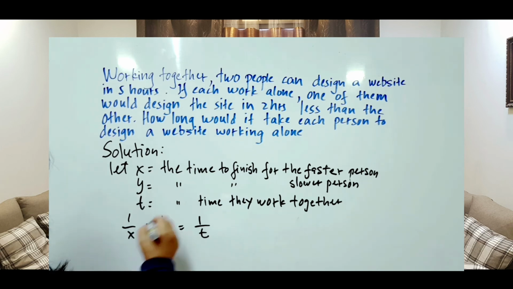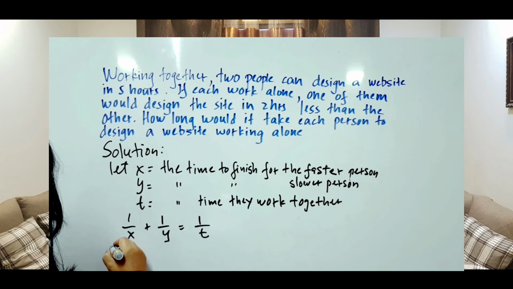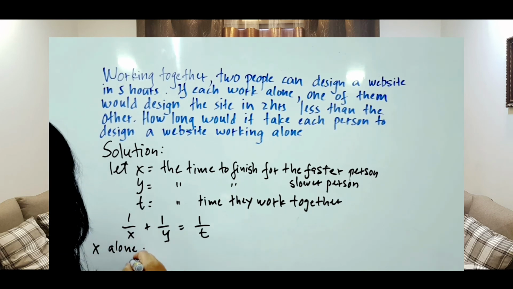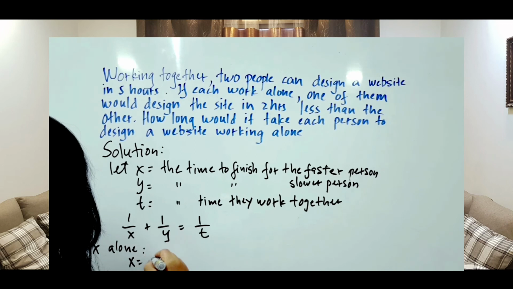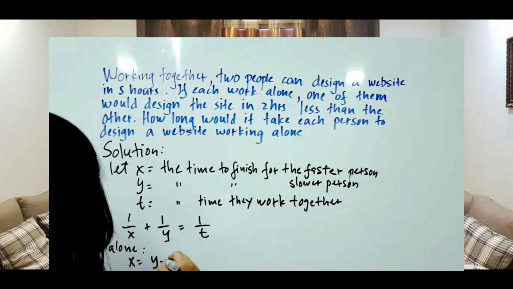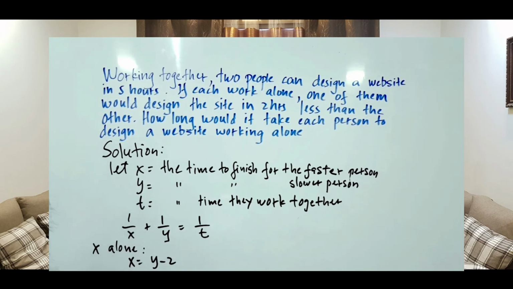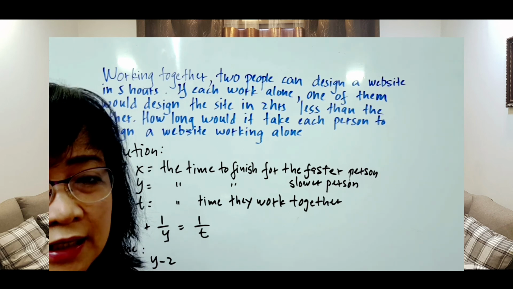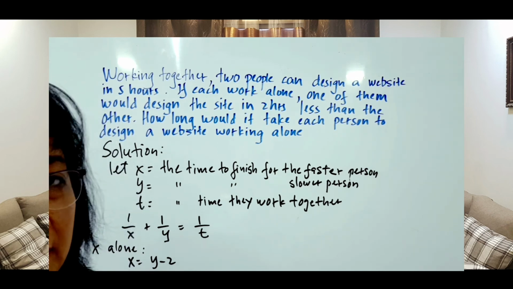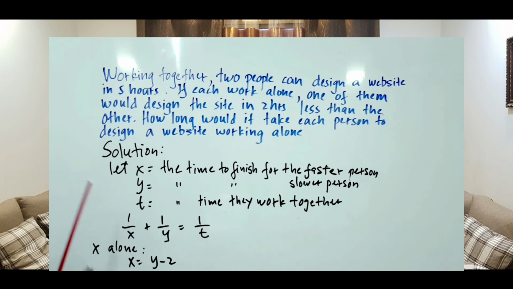So if X working alone, therefore X is equal to Y minus 2. Kasi less than 2 hours than the other.